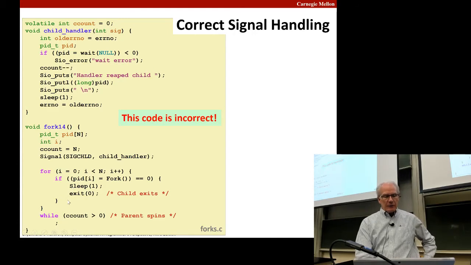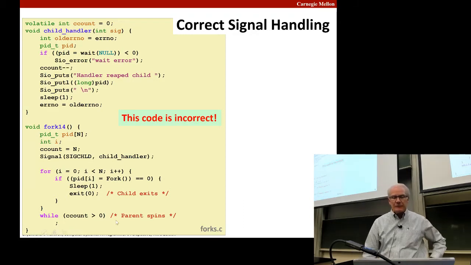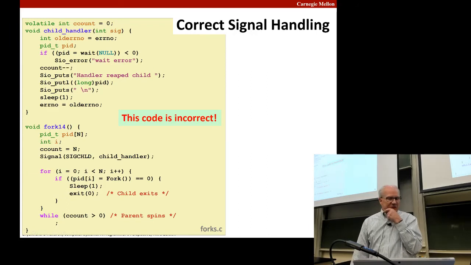My main program will just sit there, apparently in an infinite loop. But what's really happening is, as this parent sits in this loop, this child handler will be invoked for as many children as exit, and eventually that count will go to 0 and I'll be done. So that looks like it should work, but there's a problem with it.